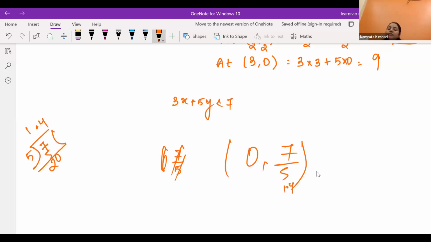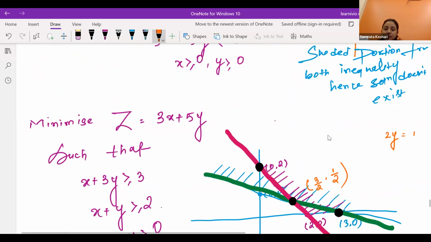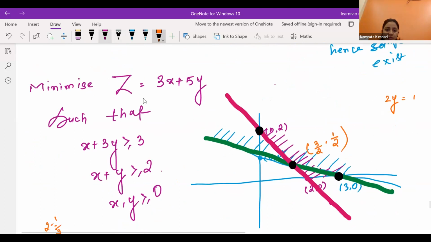Yes. And when y is 0, what is x? 7 by 3. 7 by 3 means what, in decimal? 2.3, 2 point something, okay. So let's locate 2.3 comma 0 and 0 comma 1.4.